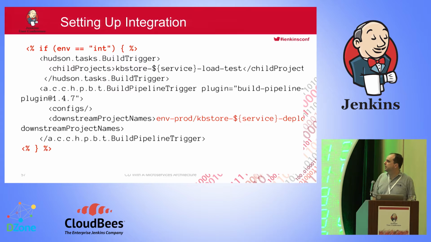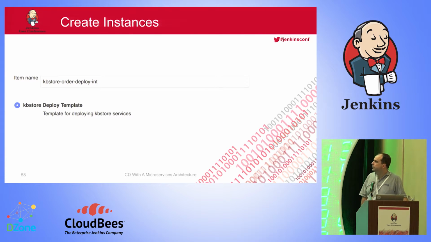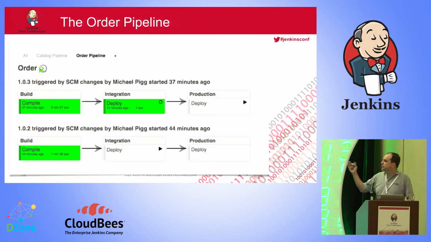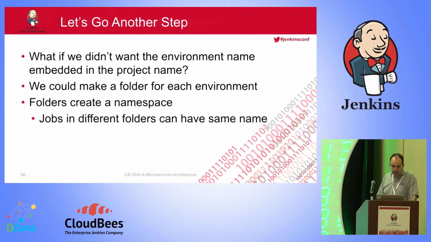Otherwise, omit that. And then to create an instance of this, I again create KB store order deploy int, make it a KB store deploy template type, and I should have a pipeline that looks like this created. So that's the template plugin.